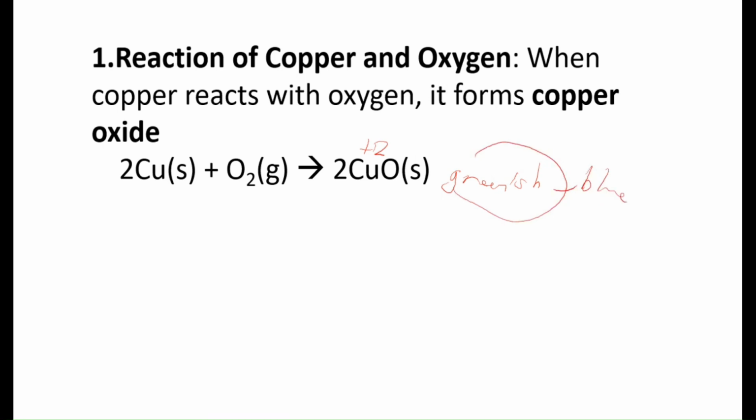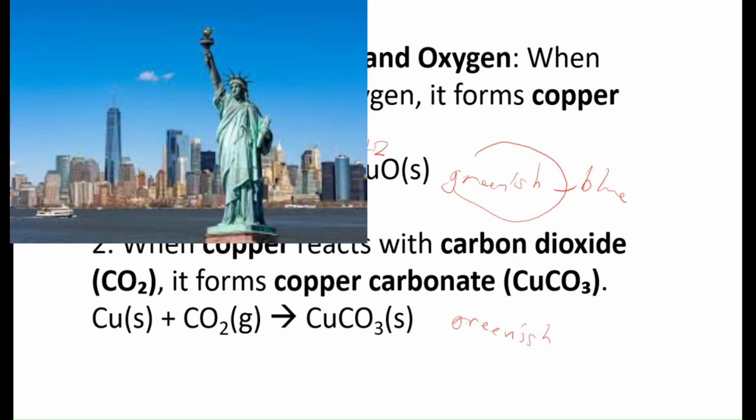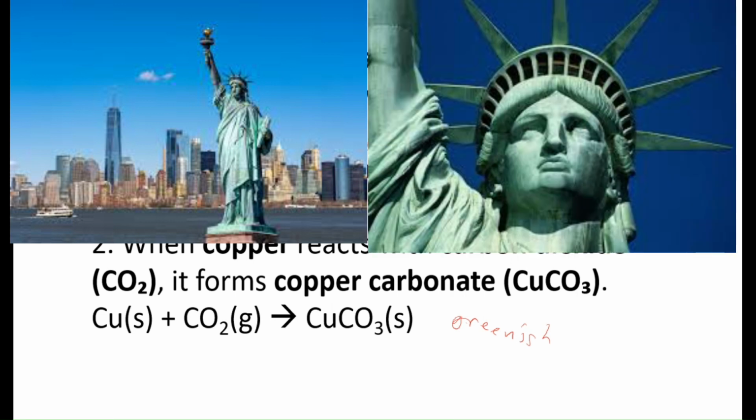On the other hand, it can also react with carbon dioxide to form copper carbonate. Again, you can see that copper carbonate in this state is somewhat greenish. It takes up a somewhat greenish color. This accounts for the reason why the Statue of Liberty in America appears somewhat bluish green, because it was made with copper.